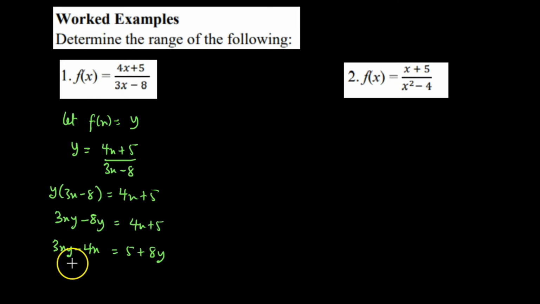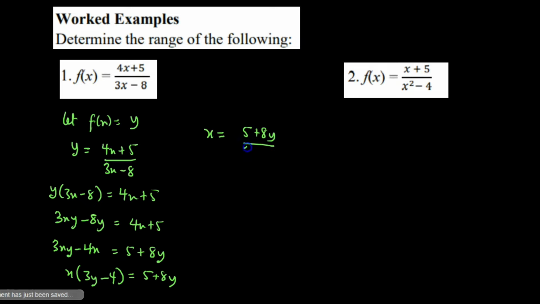Factorizing, we have x in bracket 3y minus 4 equal to 5 plus 8y. Dividing both sides by 3y minus 4, x will be equal to 5 plus 8y all divided by 3y minus 4. So we've been able to make x the subject.